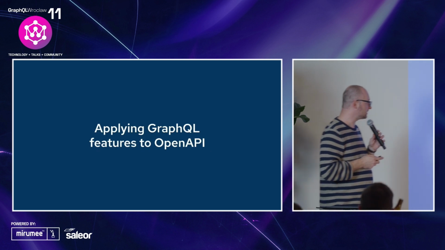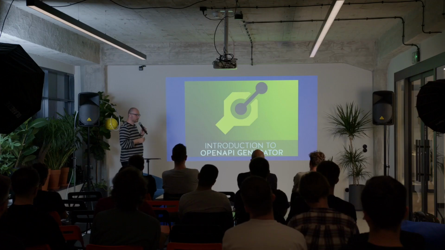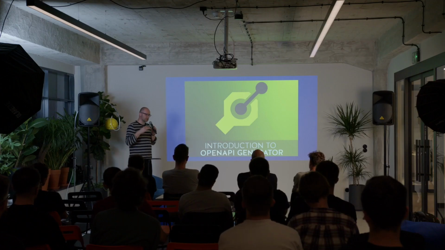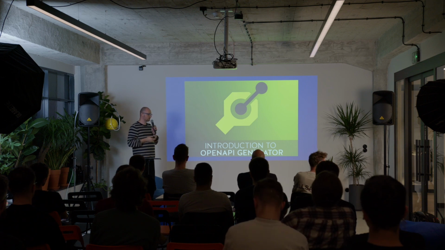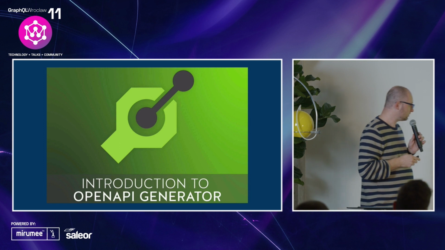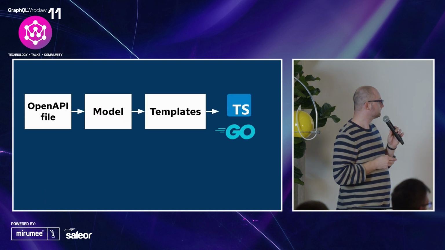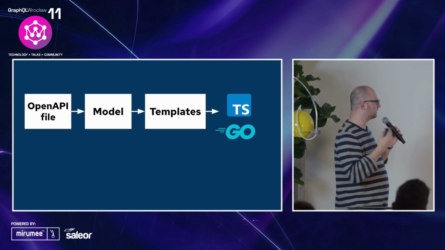So how can we apply these GraphQL features to OpenAPI? There are a number of generators out there. Microsoft has one. The most popular one is based on Swagger. The very first version of OpenAPI was called Swagger, so the project was called OpenAPI Generator. Let's cover how this OpenAPI Generator works.